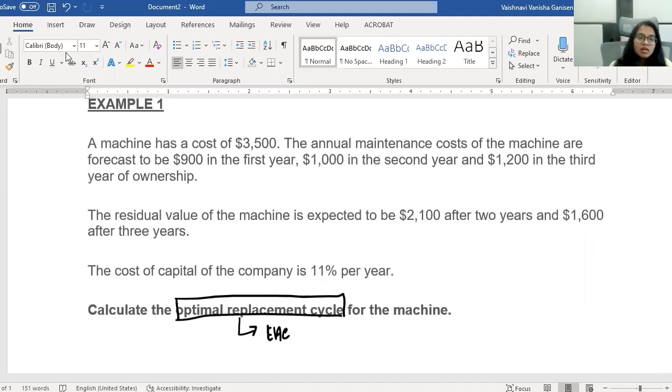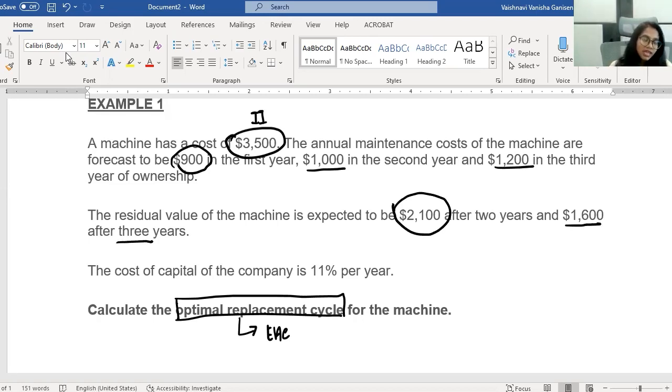Now, example 1. A machine has a cost of $3,500. So this is my investment cost of the machine. The annual maintenance costs of the machine are forecast to be $900 in the first year, $1,000 in the second year, and $1,200 in the third year of ownership. The residual value of the machine is expected to be $2,100 after 2 years and $1,600 after 3 years.